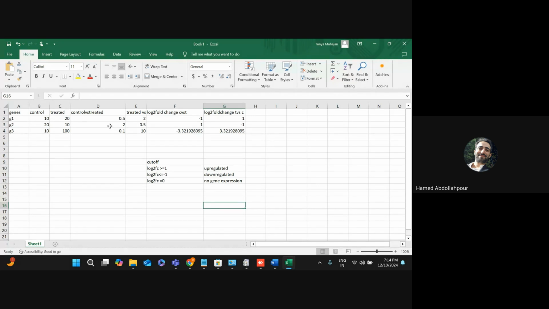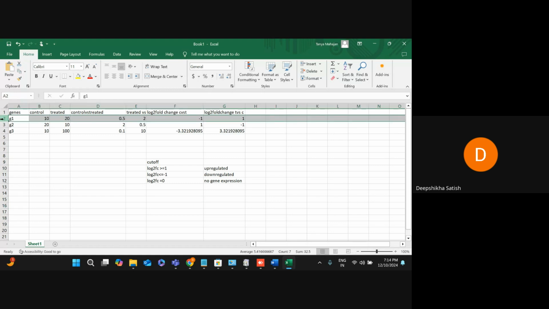Okay. So now, can you tell me for this gene 1, which is my upregulated gene? G1, sir. Downregulated?